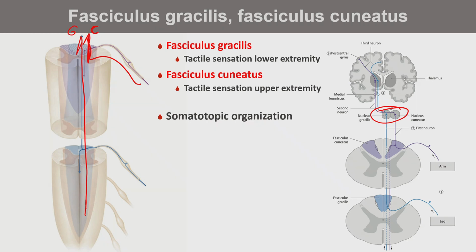Then we have a next neuron in thalamus and projection into the cortical neuron, which is localized in the postcentral gyrus, which is dorsal to the central sulcus. They have a very strong somatotopic organization. I have said the most medial is sacral, so it's easy to understand.